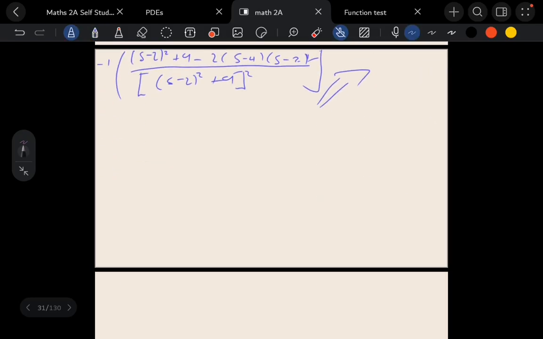And the second one is the Laplace transform of t squared e to the power 7t cos 6t.